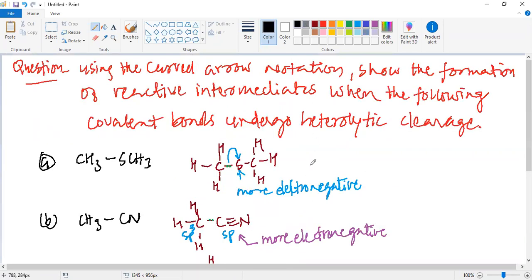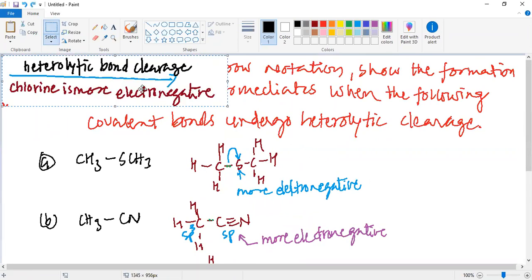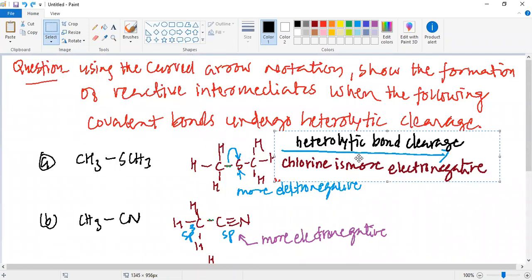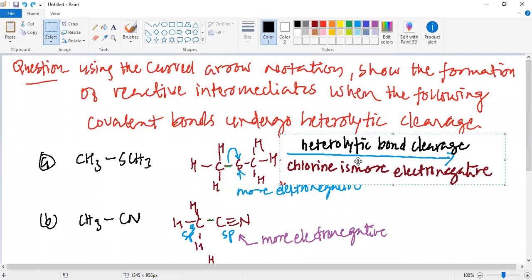You can see that when we have heterolytic cleavage over here, we are going to get CH3 plus and HCN minus.